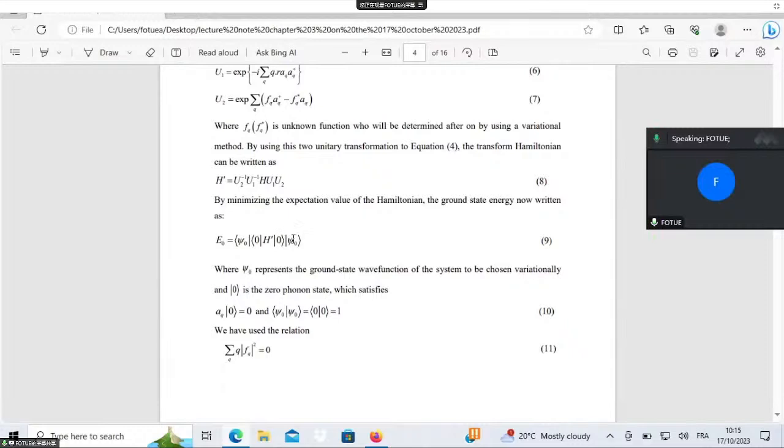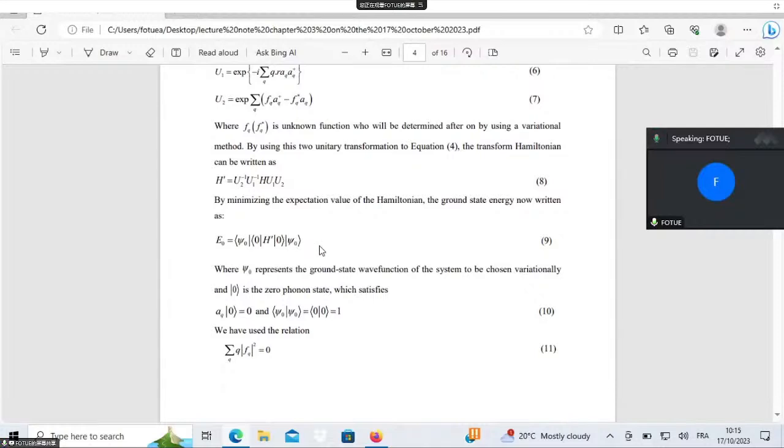So it means that to have the ground state energy, we apply this transformed Hamiltonian H prime to this ground state wave function, with ket 0 and phi 0. Why?